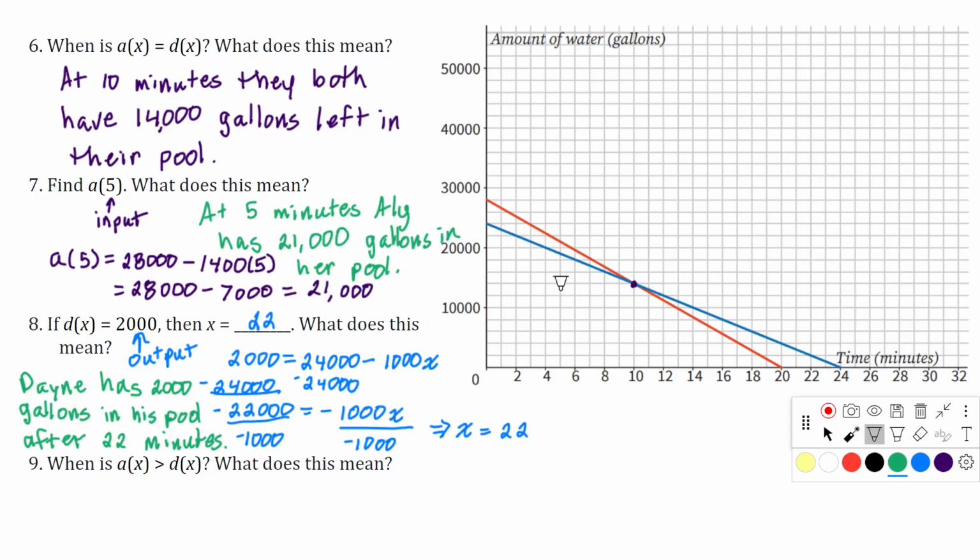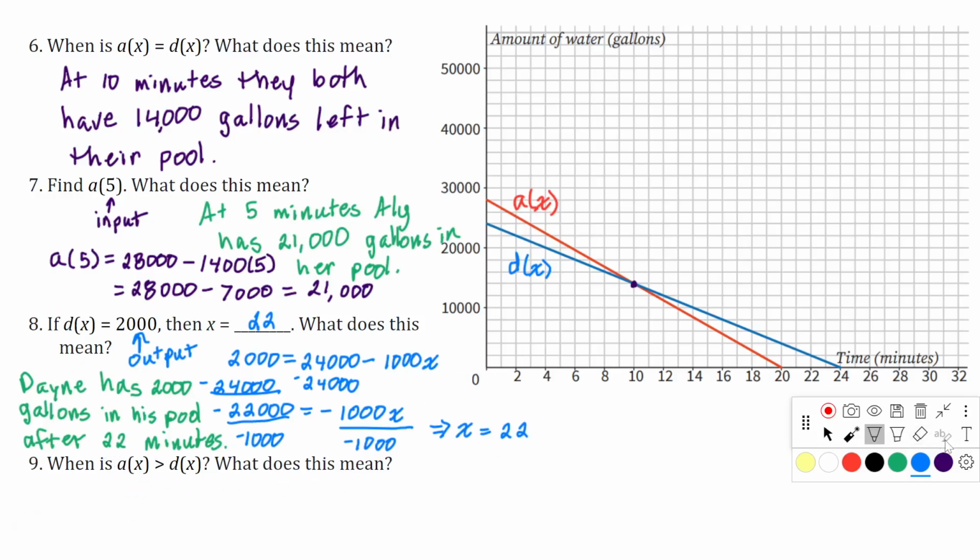When is A of x greater than D of x? Remember, A of x is the red line. D of x is the blue line. So when is A of x greater than D of x? Well, it appears from the beginning, Allie's pool has more until they get to 10 minutes. So I can write an interval for this.